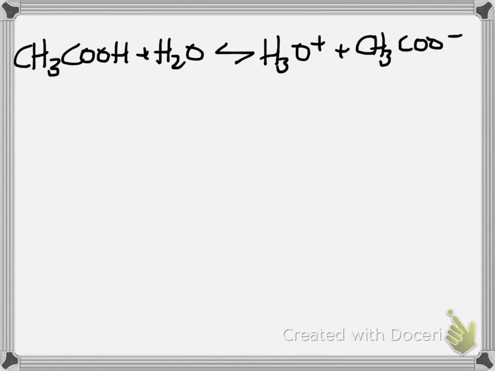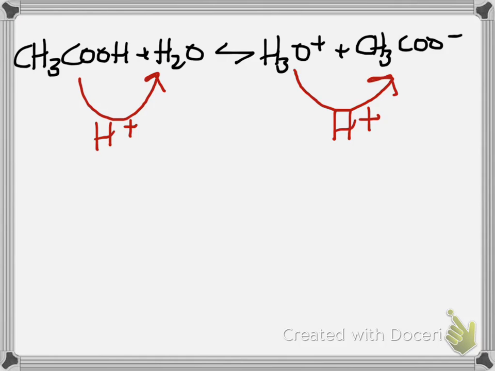Now, in this case, when we take a look at this, the acetic acid donates the proton over to water. Then when we come over to this side, since CH3COOH is a weak acid, its conjugate base, which is that guy right there, is going to be a strong conjugate base, which means it can actually pull the protons away from H3O+, thus forming it back into what it started as.